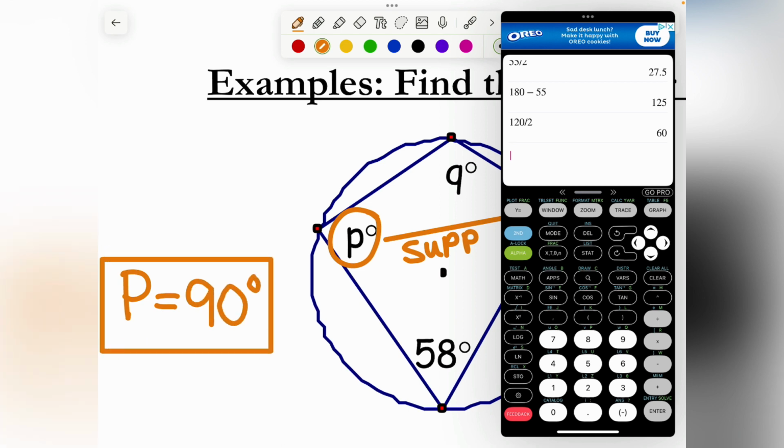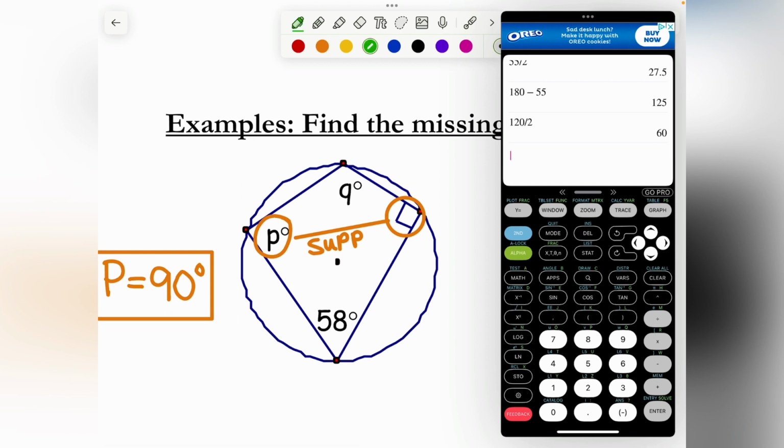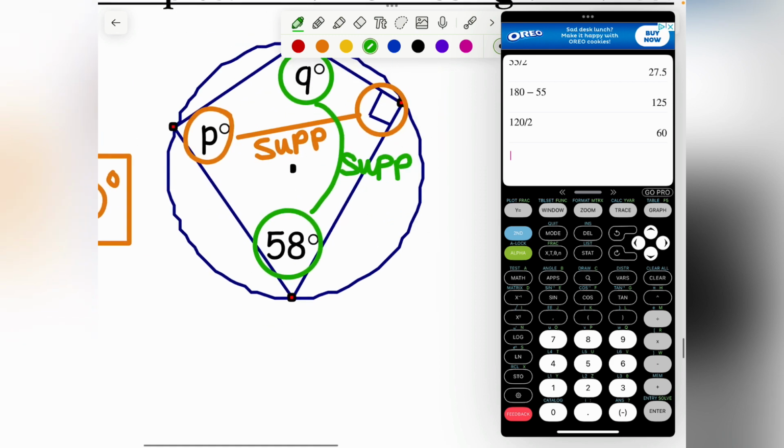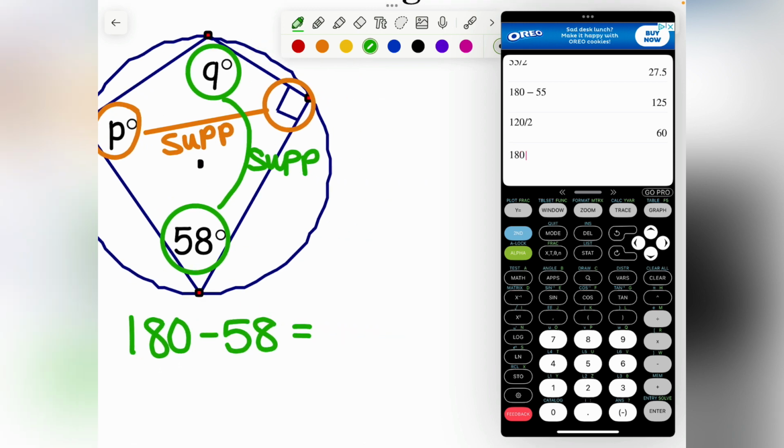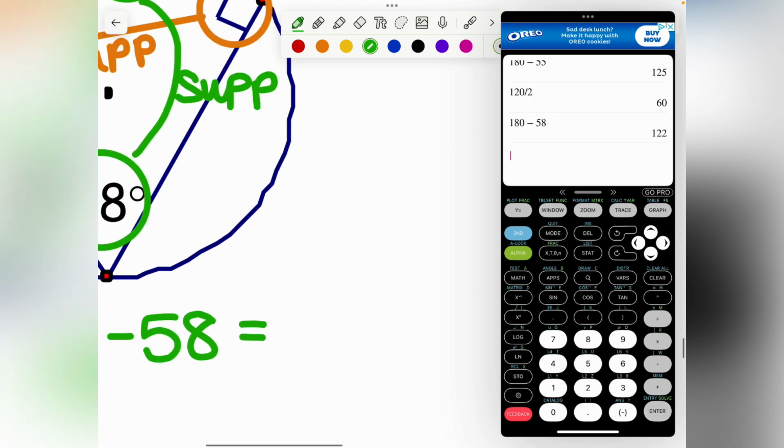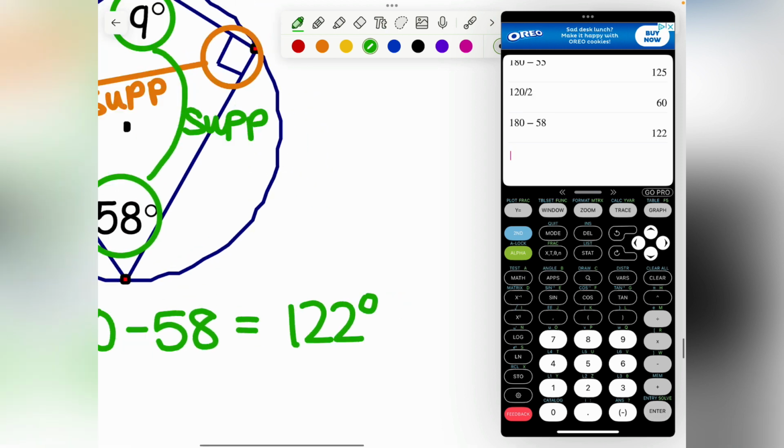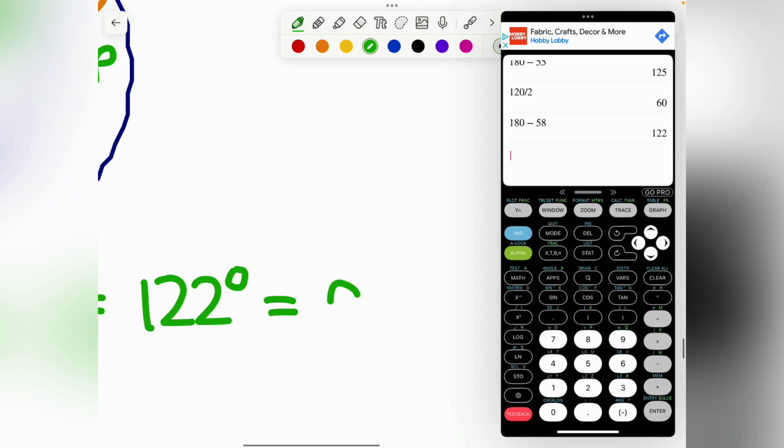They're supplementary. All right, also supplementary will be these two. Now this one's a little bit harder. Let's take 180, let's subtract 58, and that will give me angle Q. 180 minus 58 is 122 degrees, and that's going to be angle Q.